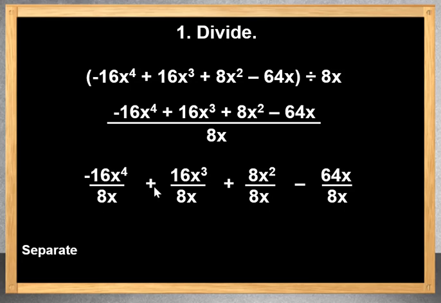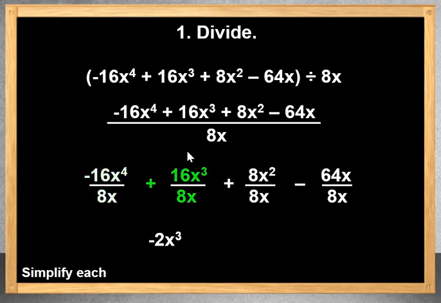Take the numbers and simplify if you can, and when you divide by the same variable, you basically subtract the exponents. So you would subtract 4 minus 1, leaving x to the 3rd power for this first one. Negative 16 divided by 8 is negative 2, and 4 minus 1 is 3, so negative 2x to the 3rd power.